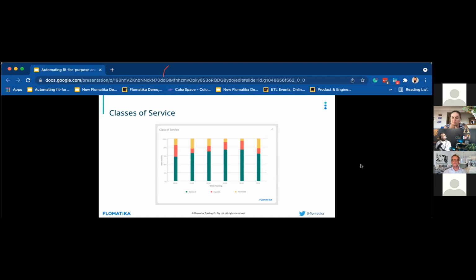So the focus of the conversation today is more about the concepts and the information that we should be able to extract, and less about the tool. But the charts are coming from Flowmatica, which is the platform that myself and Tom work on.